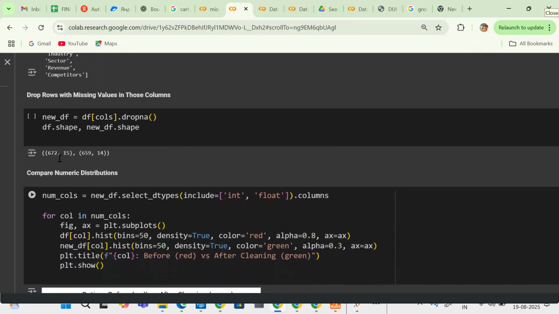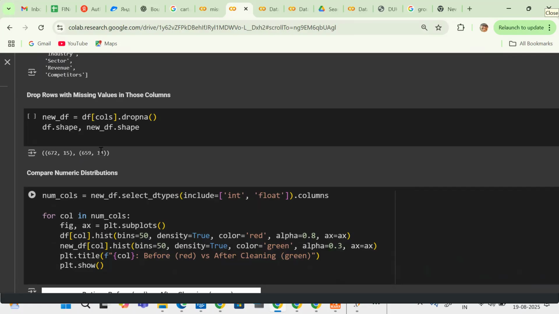Can you see that the original size, df.shape, has 672 rows and 15 columns? When you apply new DF, when you dropped the rows, one column is eliminated.